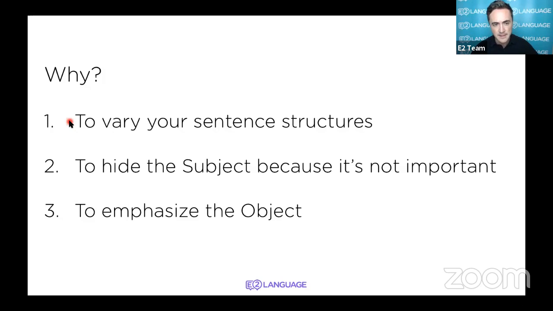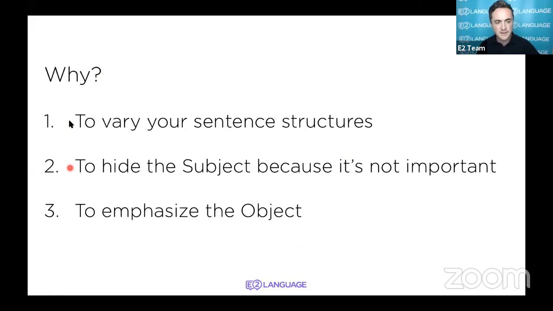Same with the PTE. Also, creating passive sentences is a good way to paraphrase. If you're writing an essay and you need to rewrite the question prompt in your own words, you may think about turning that active sentence into a passive sentence. So it's a clever way to get higher marks in writing. That's what it is, right?